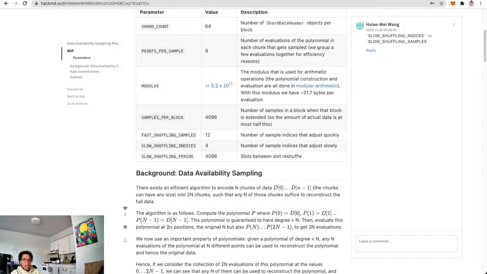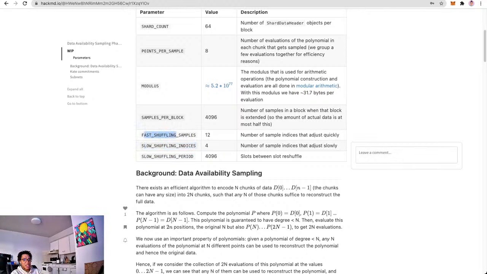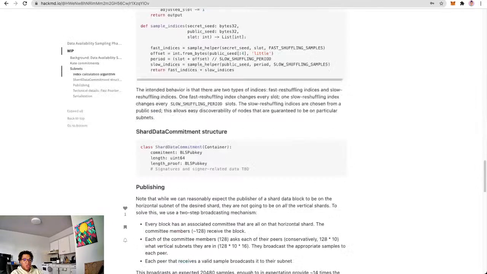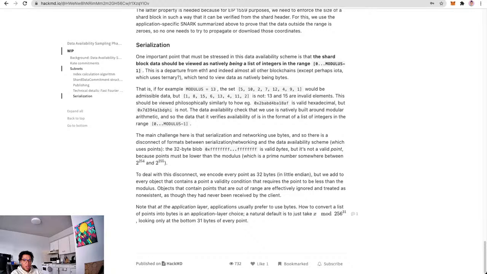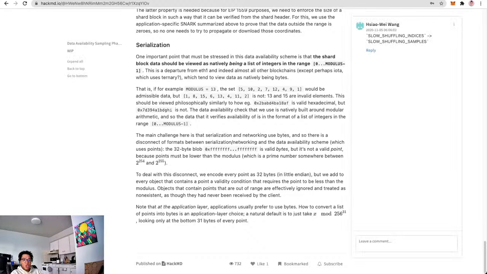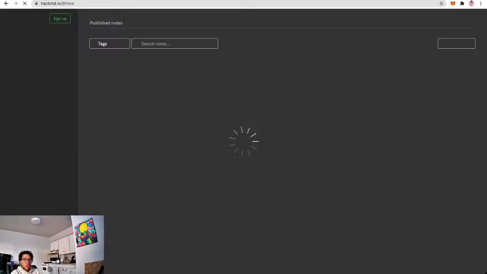Because why does this say number of sample indices, and then here it says slow shuffling indices, great, but then here it says fast shuffling samples. And so my brain is like, okay, should this say slow shuffling samples? I think it should. So I assume the comment here is saying that slow shuffling indices should actually say slow shuffling samples.